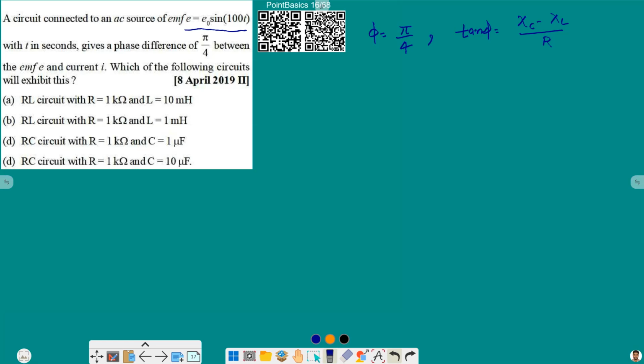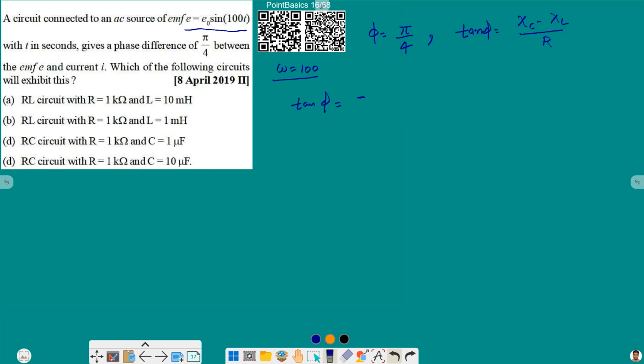In the first one we have a resistance and an inductor, with 1 kilo ohm resistance and 10 millihenry inductance, and omega will come from here. Omega is equal to 100. So in the first one, tan φ should come to π/4. We don't have a capacitor here, so it will be negative.